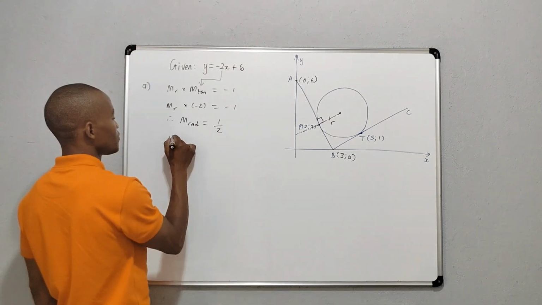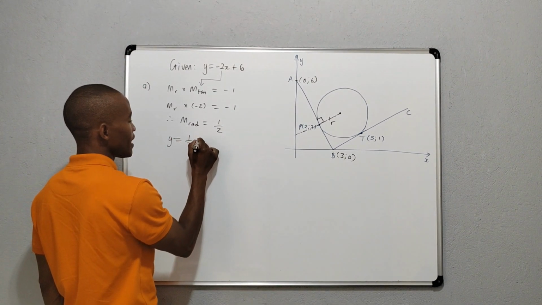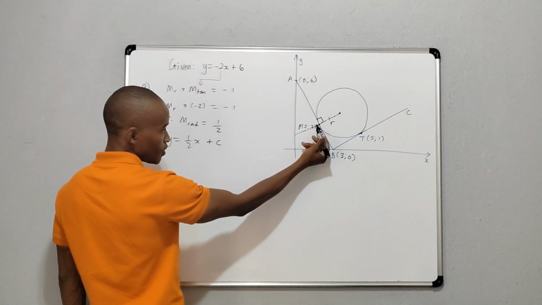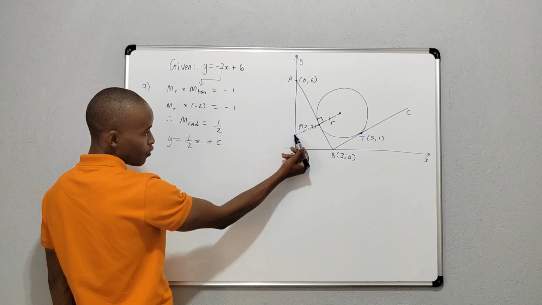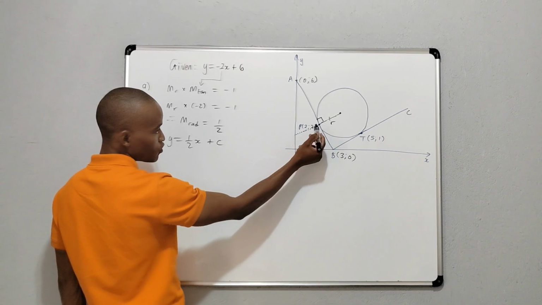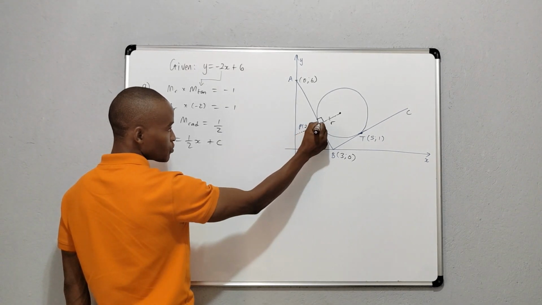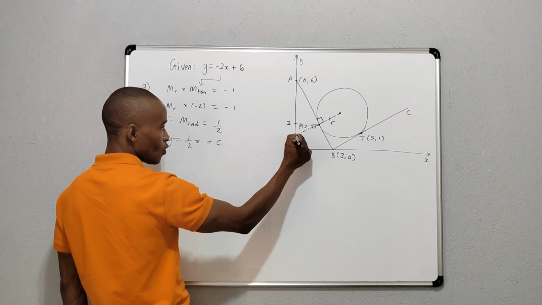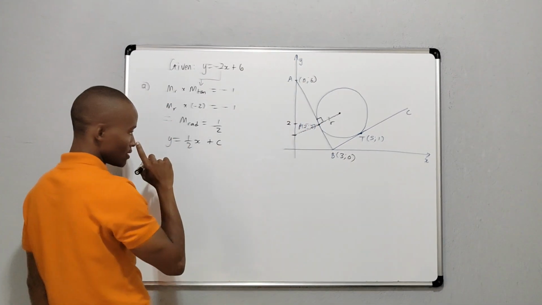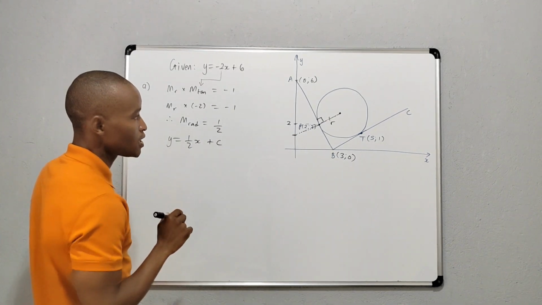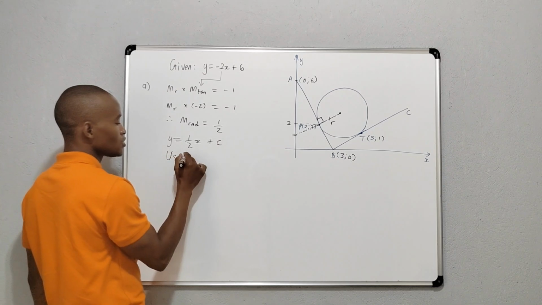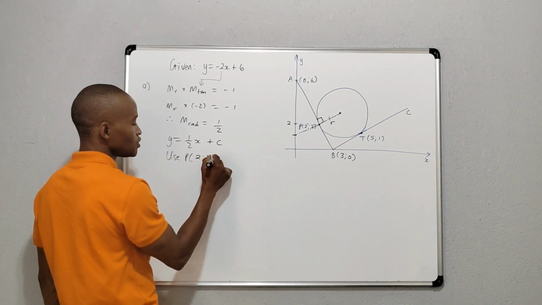Okay, so we have y equals half x plus c. Now we're looking for the value of c. Where will it cut the y-axis? Definitely it will be below 2 because point P is on the line, and that is 2. What will that be? Let us determine that. We understand that P lies on this line as well, so we can substitute P. So we use point P, (2, 2).